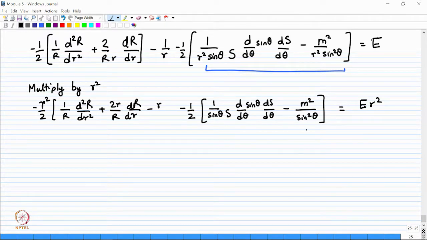So therefore, we can immediately say that 1 over sin theta s d by d theta of sin theta ds by d theta minus m square by sin square theta is a constant.